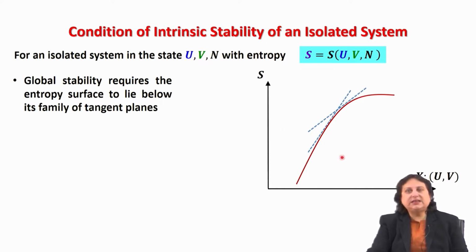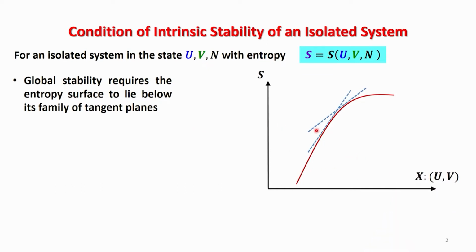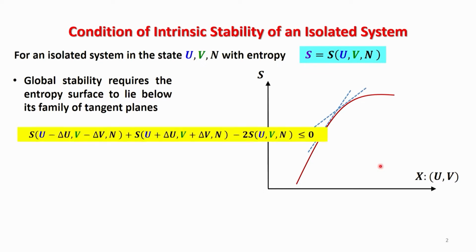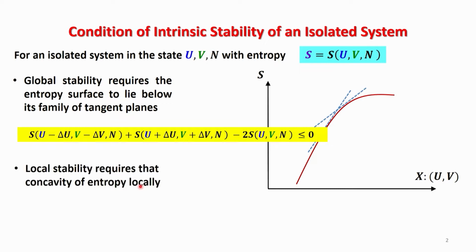And so, this is the kind of picture that we have seen for a stable system, where if you change u or v, there will be no spontaneous change in state. Now, this is the kind of condition that is mathematically written for the global stability, and you can also look at the local stability that would require the concavity of entropy locally.